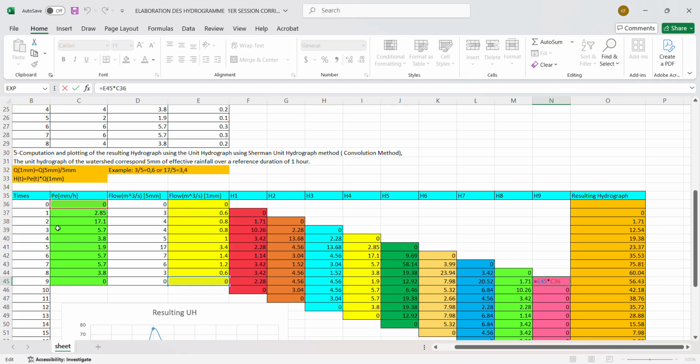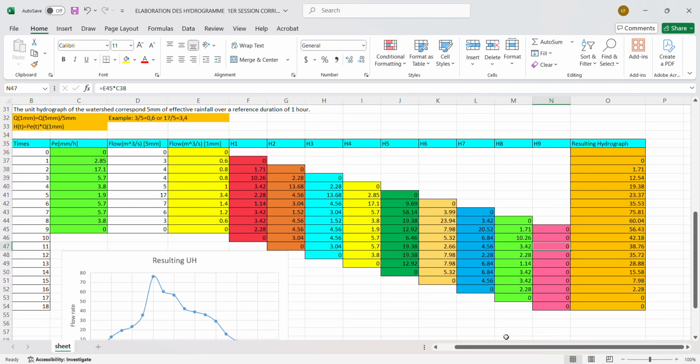Time 0, we are 0. Here, flow rate at 1 millimeter, time 0, 2.85 will give 0. It doesn't matter the number, but any number times 0 gives 0, and you write 0 here.